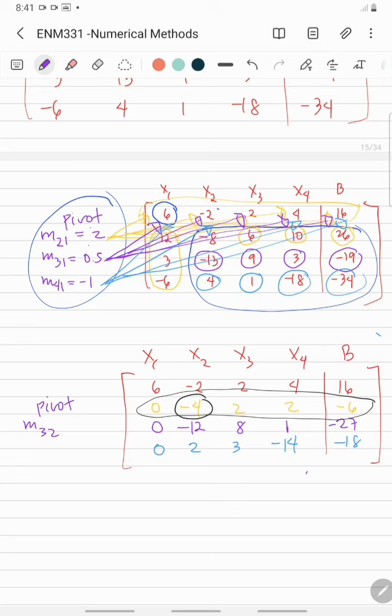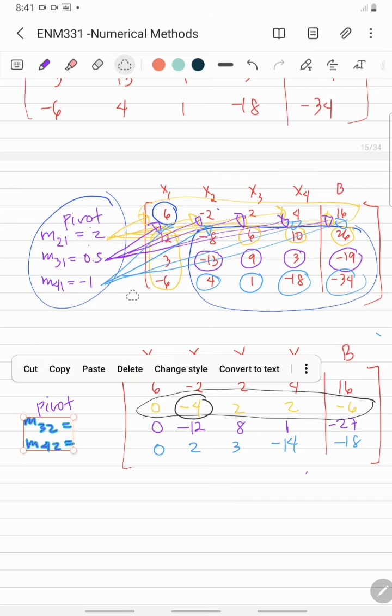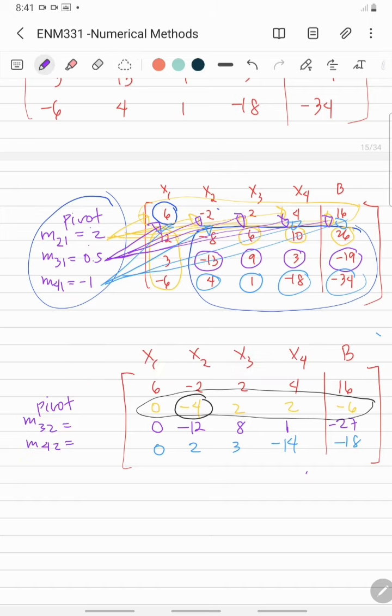Okay, then for our row 4, the multiplier is row 4, column 2. Okay, we have negative 12 divided by negative 4, so we have positive 3.